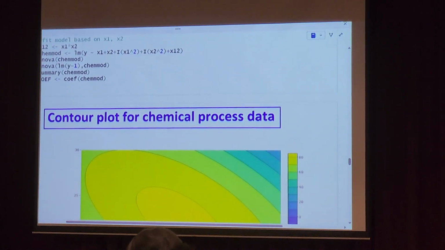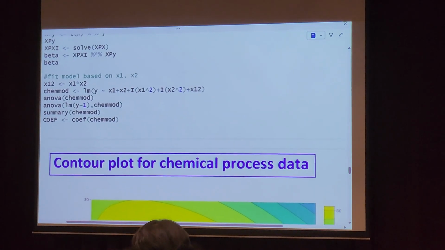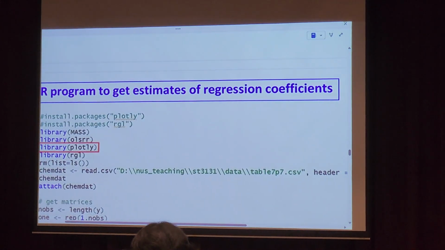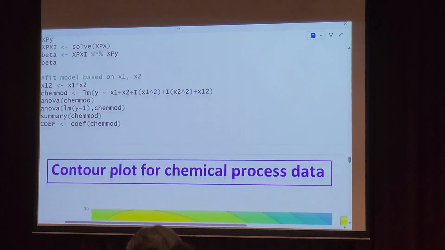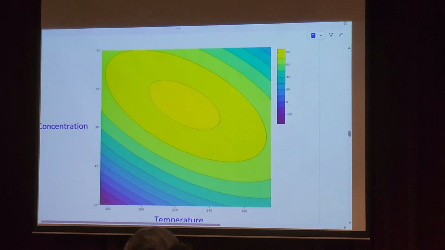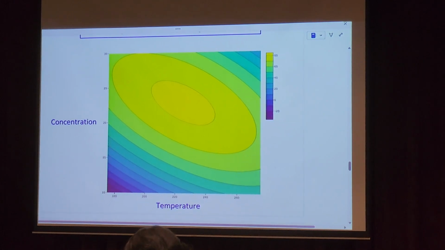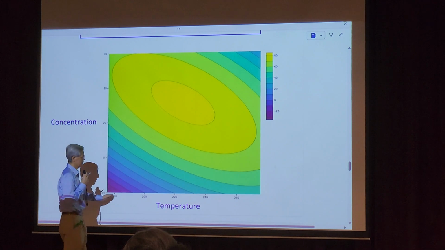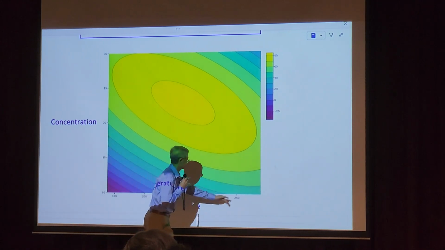And then do the contour plot. So you need this library here to do the contour plot. And it turned out to be a very nice plot here. So you can see for temperature, 180 up to 260.